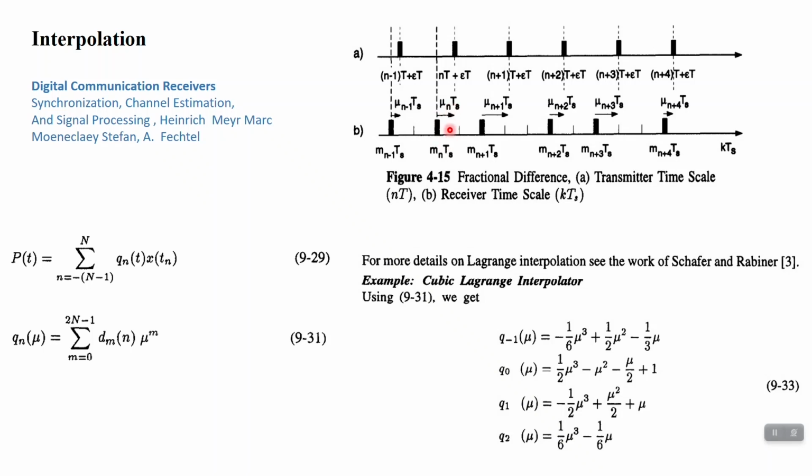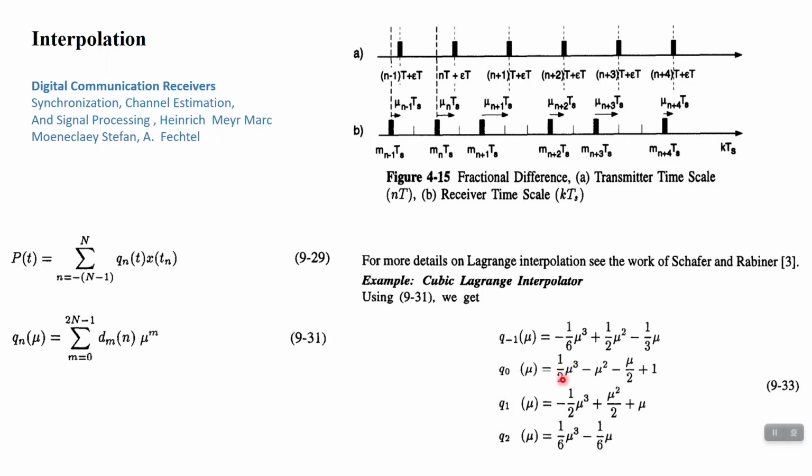Okay, this is the fractional part of the timing error which is provided to the interpolator for compensation. We can use cubic interpolation for this purpose. The formula of the cubic Lagrange interpolator coefficient is here, and y(t) as this summation is the interpolated sample, x_n are the input samples, and q_n is a Lagrange coefficient as shown here.